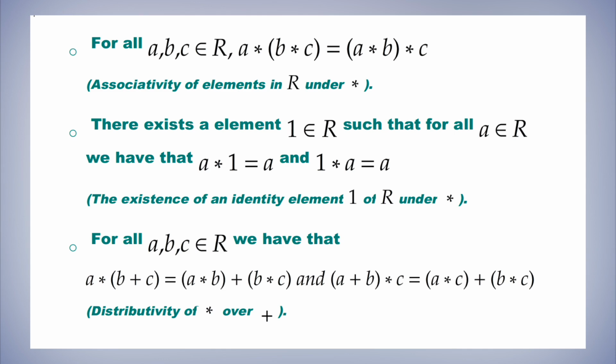There exists an element 1 in R such that for all a in R, we have that a * 1 = a and 1 * a = a, the existence of an identity element 1 of R under star. For all a, b, c in R, we have that a * (b + c) = a * b + a * c and (a + b) * c = a * c + b * c, distributivity of star over plus.